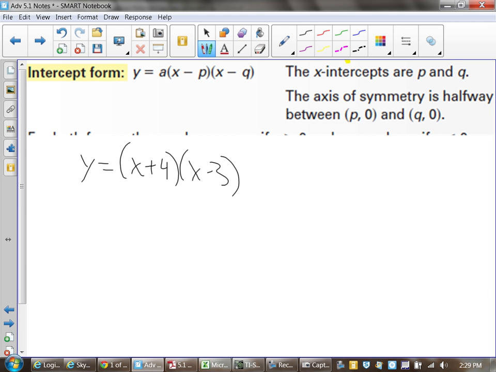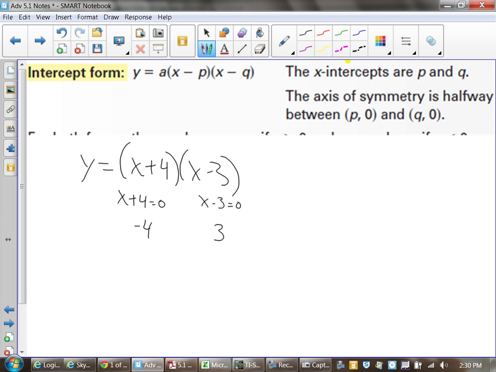If you were back in Algebra 1 and were asked to find the zeros of that, you would take the two factors, set them equal to 0, and find out where it crosses the x-axis. So the zeros of x plus 4, x minus 3 are at negative 4 and positive 3.